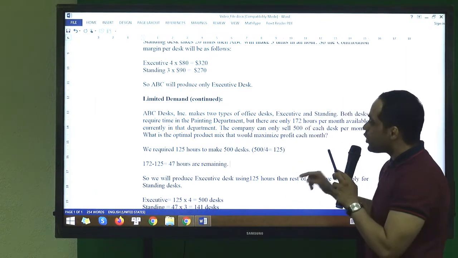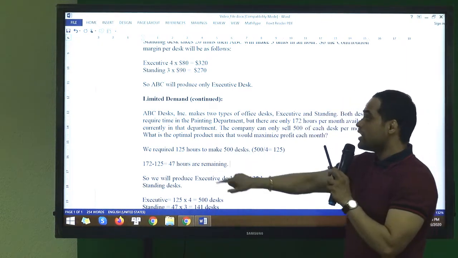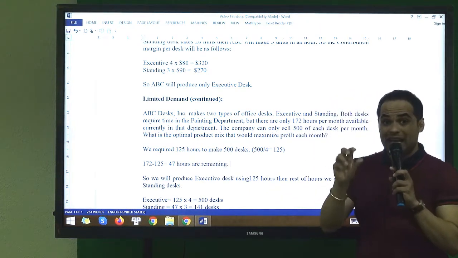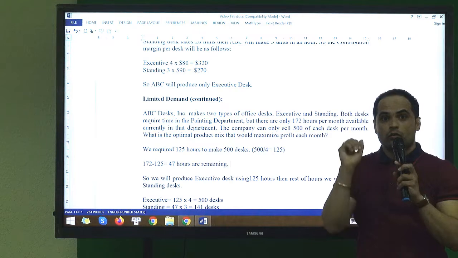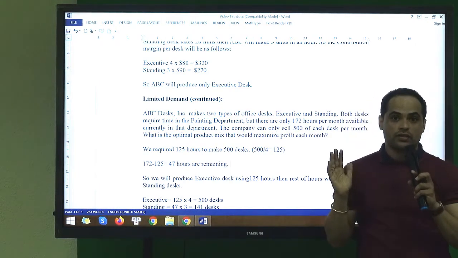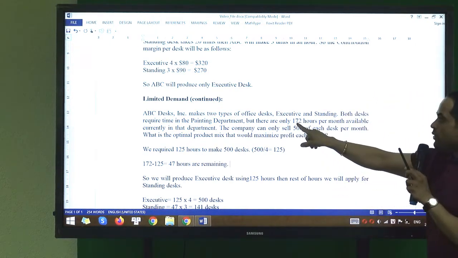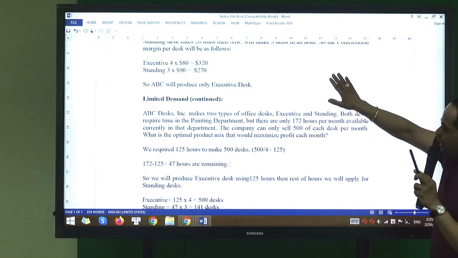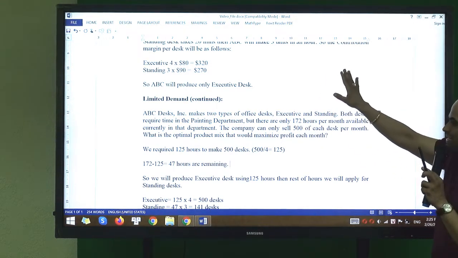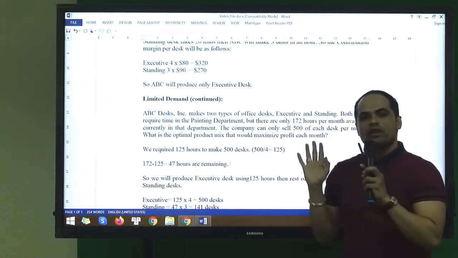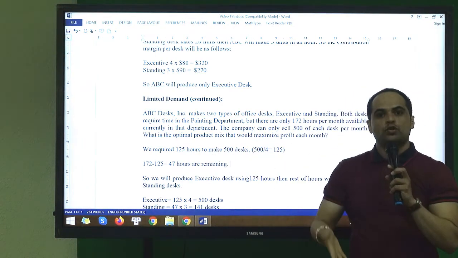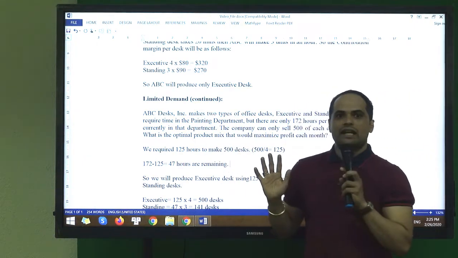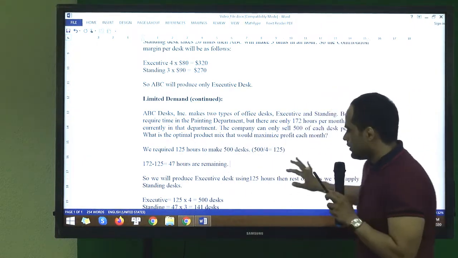So to produce 500 products, we require 125 hours. Total hours limiting factor is 172. So 172 minus 125, 47 hours left. So we use these 47 hours to make standing product.